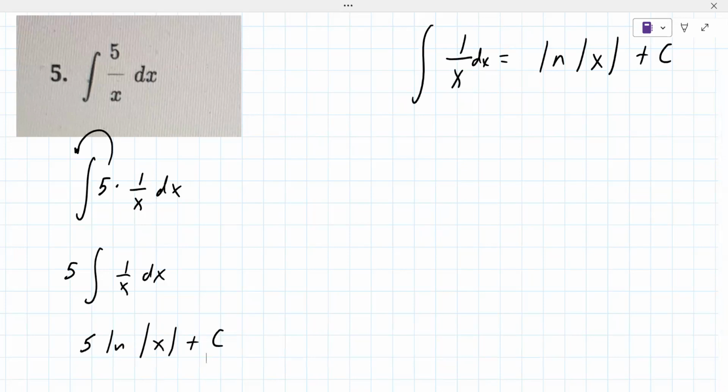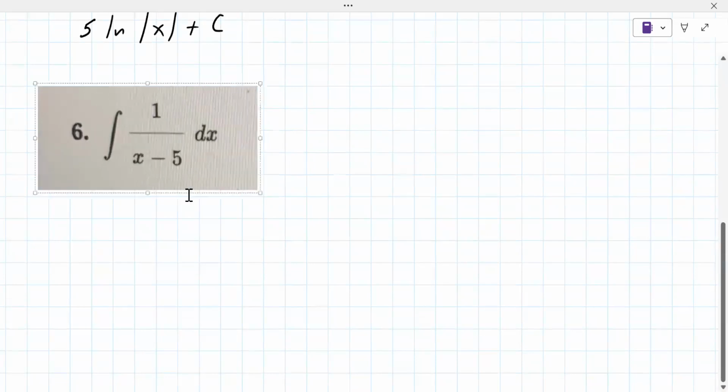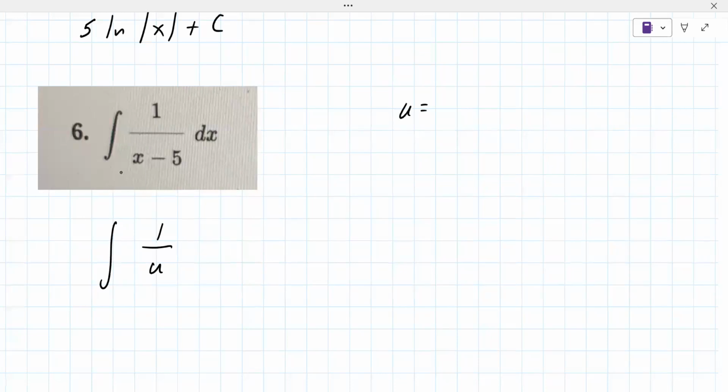All right, so the next couple of problems here are u-substitution problems, kind of. You sometimes see number 6 as a straightforward natural log problem, but really, you don't know how to take the integral of this. So you rewrite it as the integral of 1 over u, with u being x minus 5. You take the derivative of both sides, du equals dx, or 1 dx.